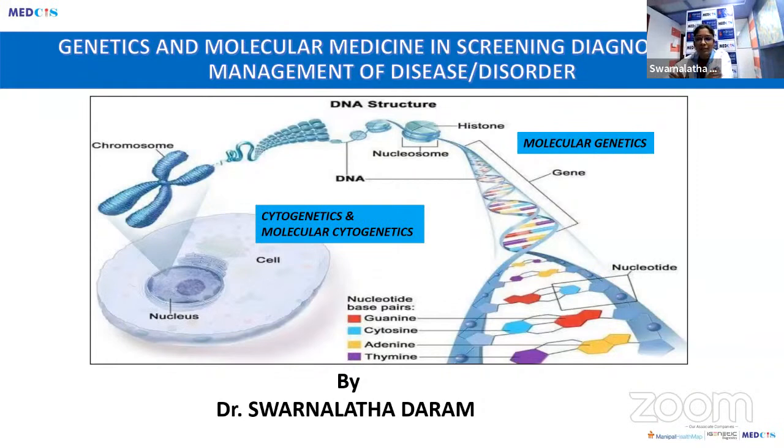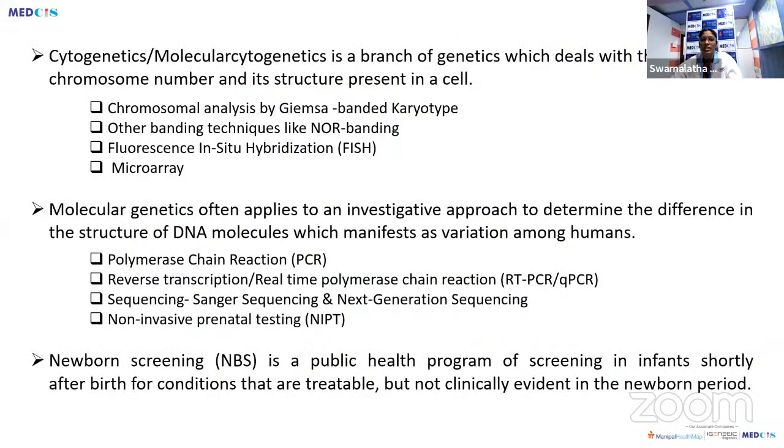Today, my topic is genetics and molecular medicine in screening, diagnosis, and management of disease or disorder. Cytogenetics, or molecular cytogenetics, is a branch of genetics which deals with the study of chromosome number and structure present in a cell. We can analyze this by chromosome analysis using Giemsa-stained banding, or karyotyping, or other bandings like NOR banding, Q banding, and R banding.